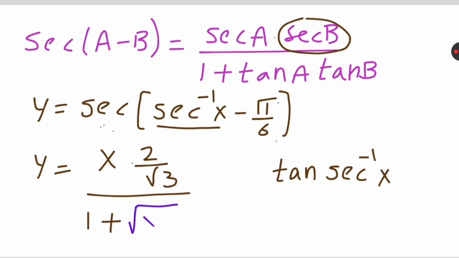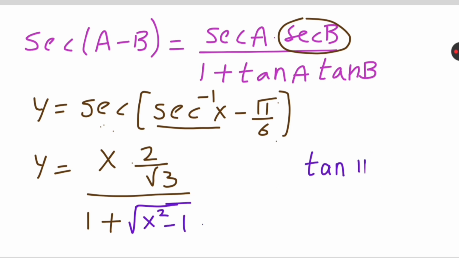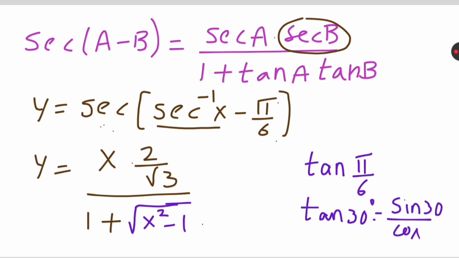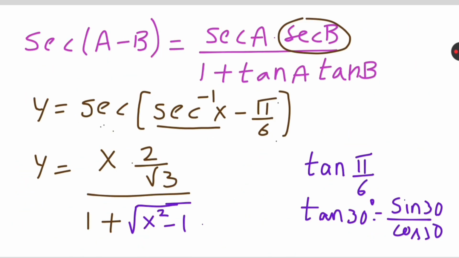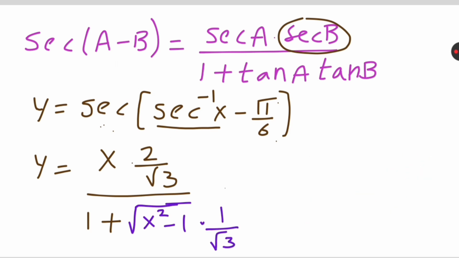Square root of x square minus 1. Tan b. Tan b is tan pi over 6. That means tan 30. Tan 30 is sin 30 over cos 30. So what is sin 30? Sin 30 is 1 over 2 over cos 30 is root 3 over 2. So that means tan 30 is 1 over root 3. So let's write 1 over root 3 here. So that is equal to 2x over root 3. This is the numerator term.